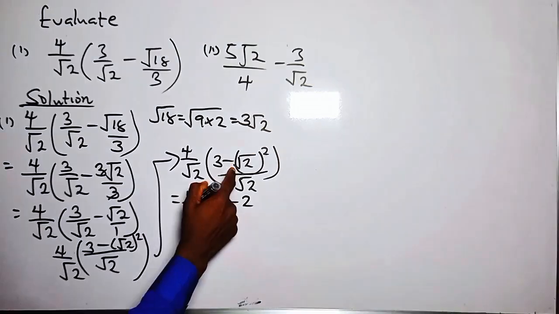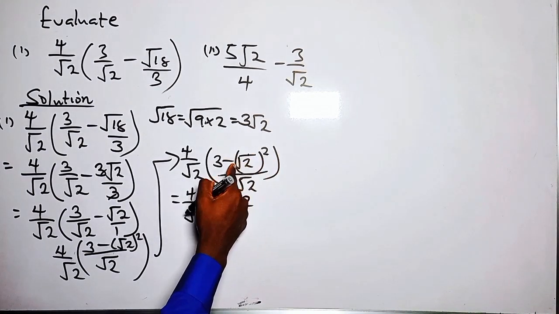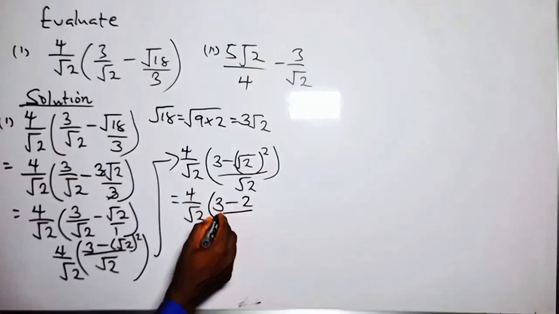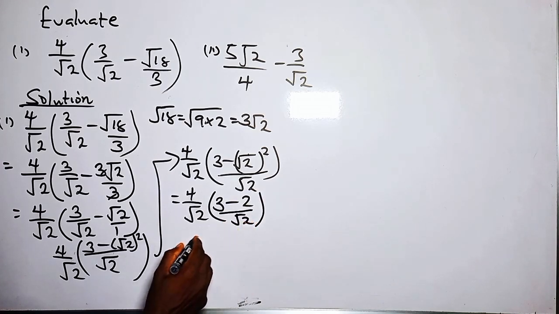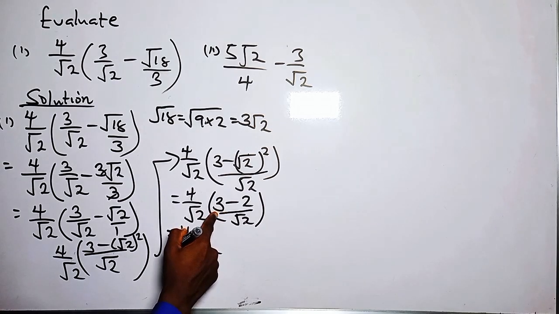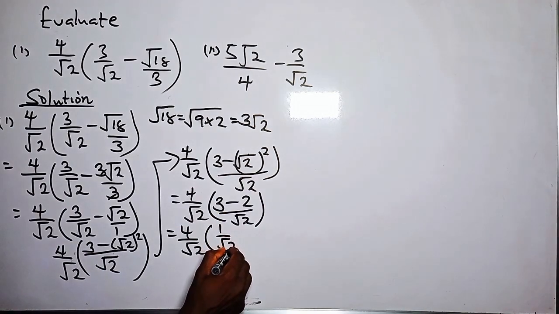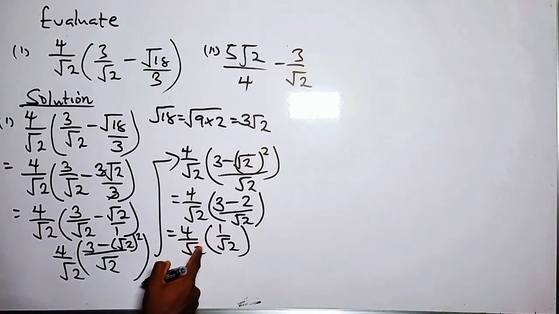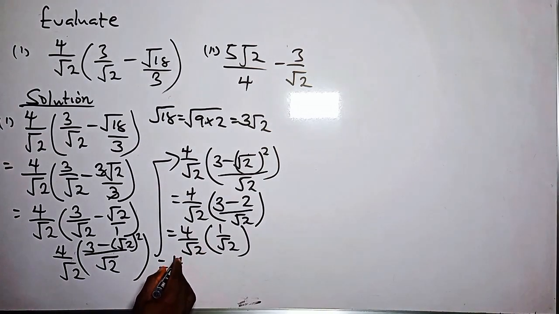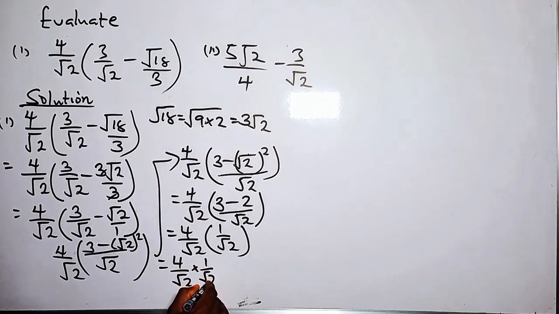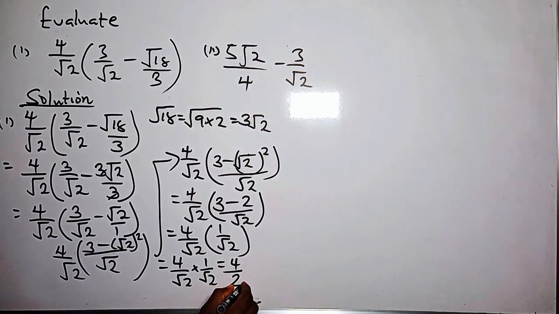How do we get that? The 2 cancels, which is half, so we have 2 over root 2. So we have 4 over root 2 into, for 3 minus 2 is 1 over root 2. We can multiply the bracket, 4 over root 2 times 1 over root 2. So 4 times 1 is 4, root 2 times root 2, the same surd, we take out 1, which is 2. So 4 divided by 2, we have 2.